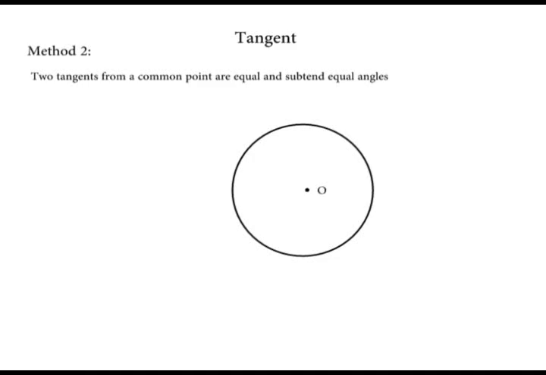Method 2. We also saw that two tangents from a common point outside the circle are equal and also subtend equal angles. And so from a circle with center O, draw line OA and mark A anywhere outside the circle. Construct a perpendicular to the line OA.